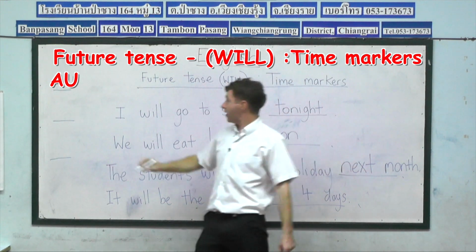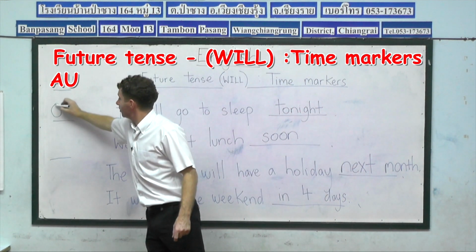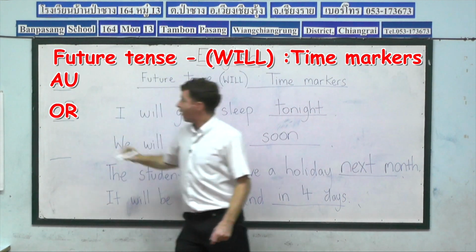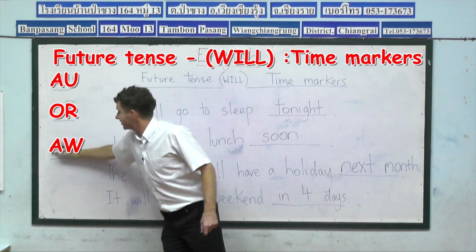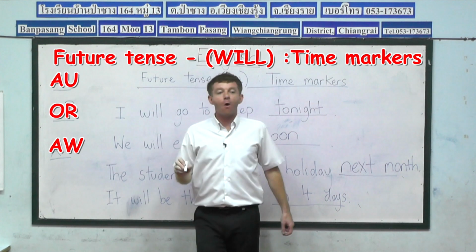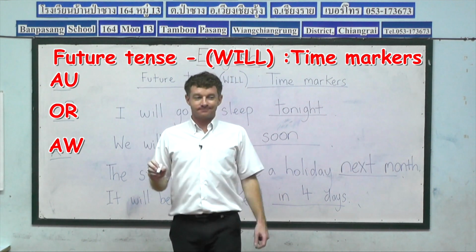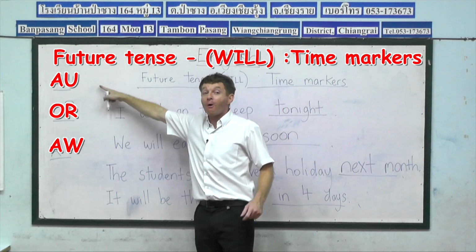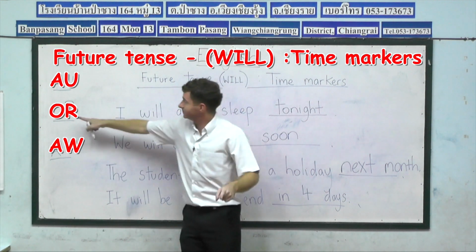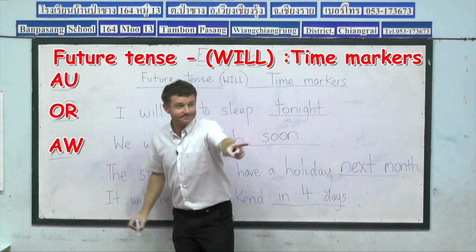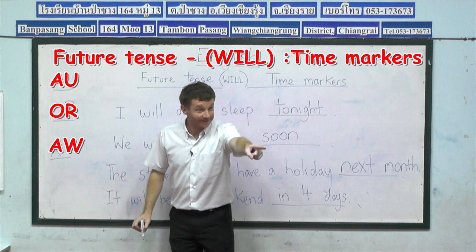O and R, excellent. A-U, O-R, and there's one more, A with another letter. What do we think we've got? O W. Who said W? Correct.